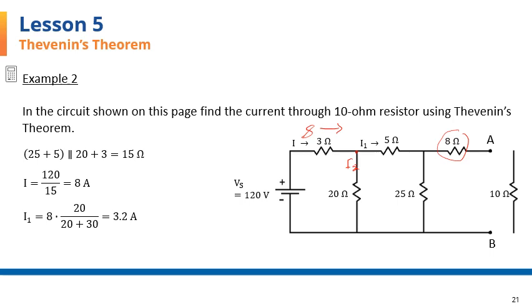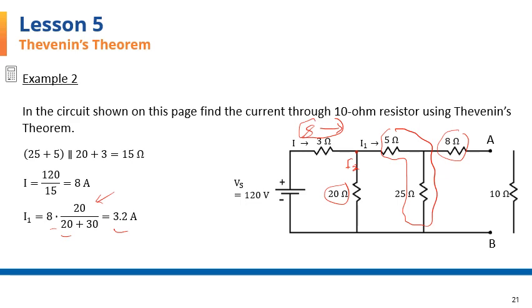I1 is going through the 30 ohm resistor because these two are in series now, forming a branch with 30 ohm resistance. So the current I1 that goes through the 30 ohm resistor is going to be 8, the main current, times 20, which is the resistance of the other branch, divided by 20 plus 30, 30 being the resistance of this branch. And that comes to 3.2 amps.